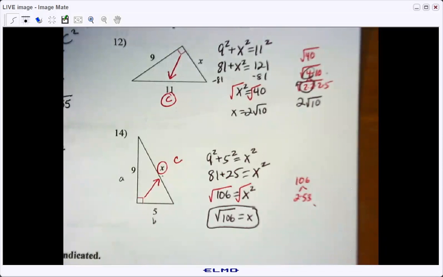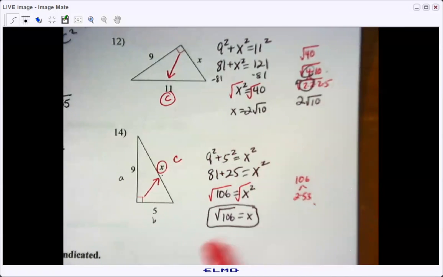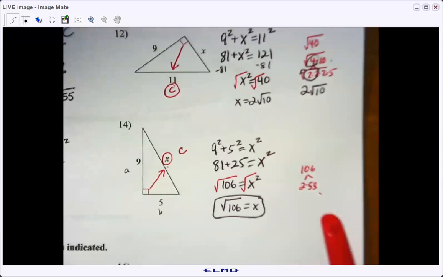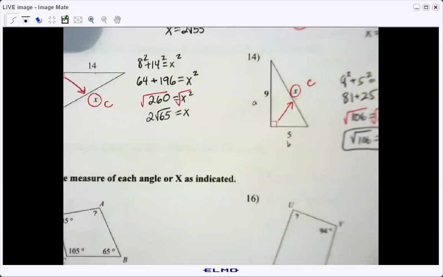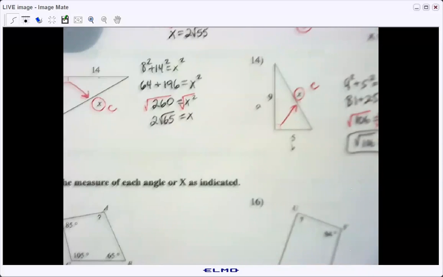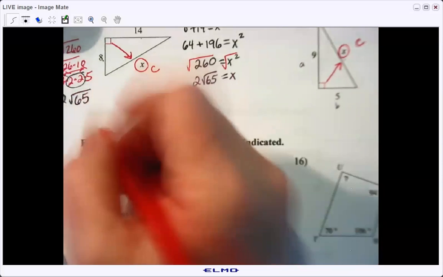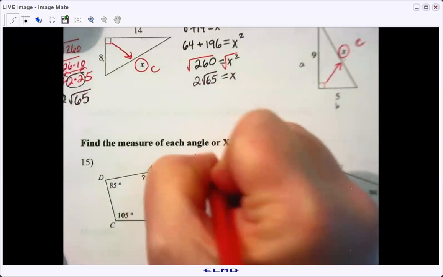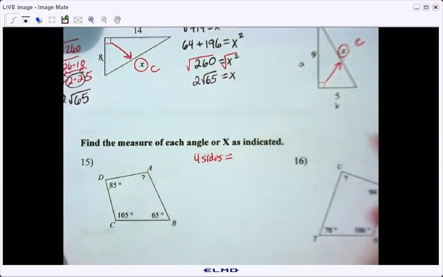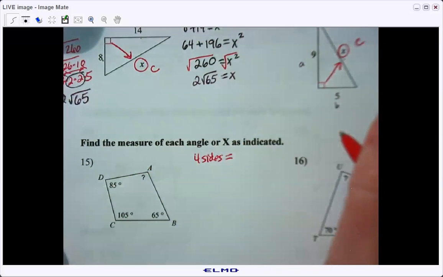Okay. The next section is a four-sided figure. I don't know if you remember or not, but the measurement of the angles of a four-sided figure have to equal... anybody remember?